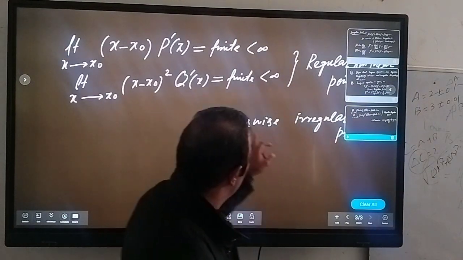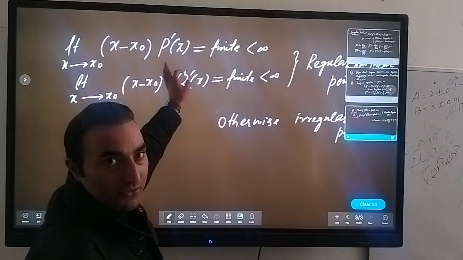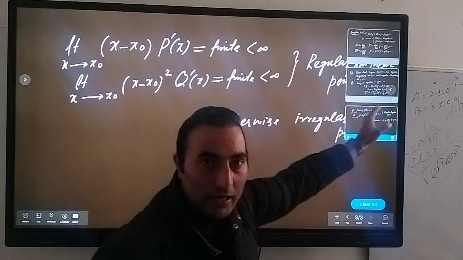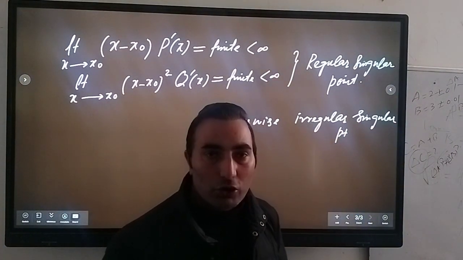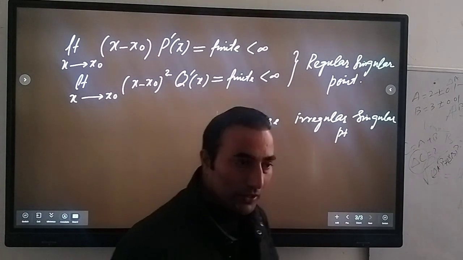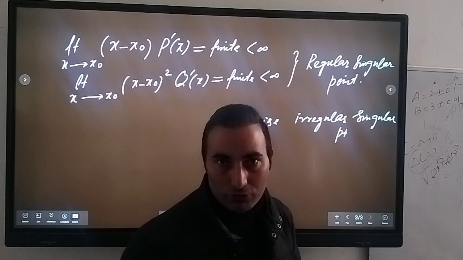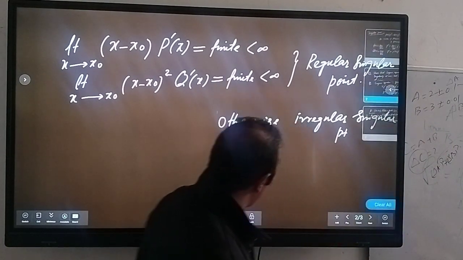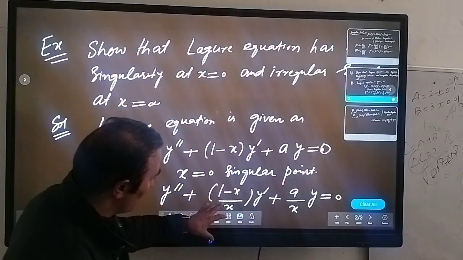We need to check these two limits as x tends to x naught. They should be finite, because we need to show that x equal to 0 is a regular singular point. If they converge, it has a regular singular point. So we can rewrite this differential equation in this form.